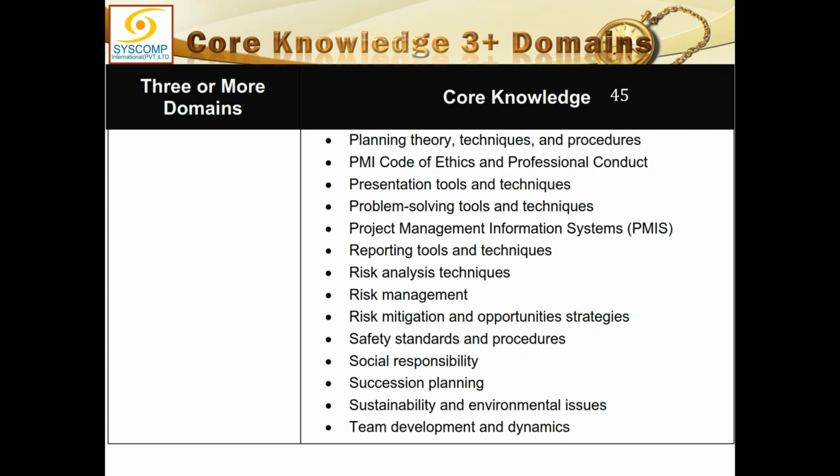What does it mean, three or more domains? On the top banner, it says core knowledge, 45 areas, but it's three or more domains. What does that mean? It may apply to more than three or more domains. For example, PMI code of ethics may be applicable to all domains. Presentation tools, maybe, yep.